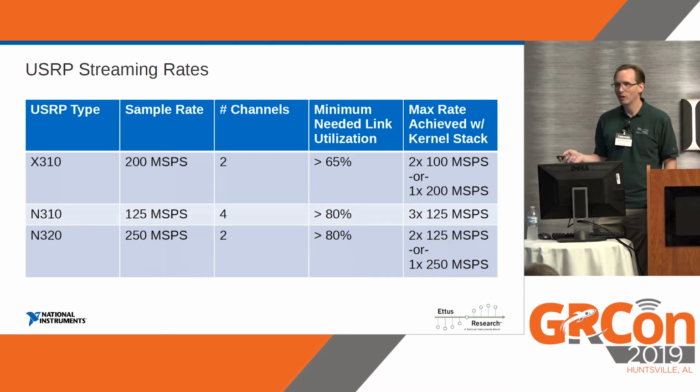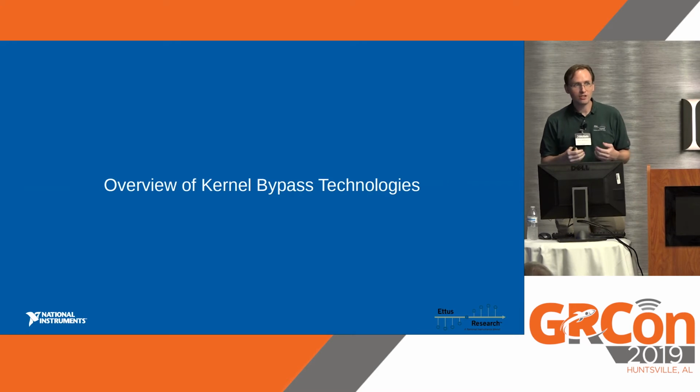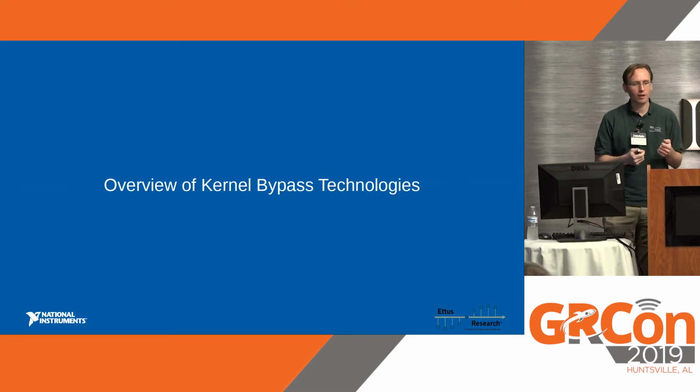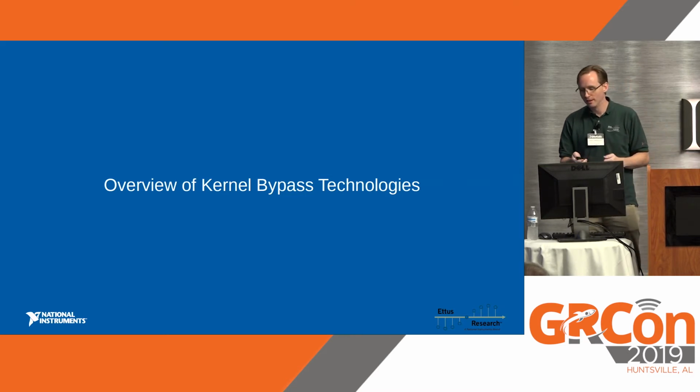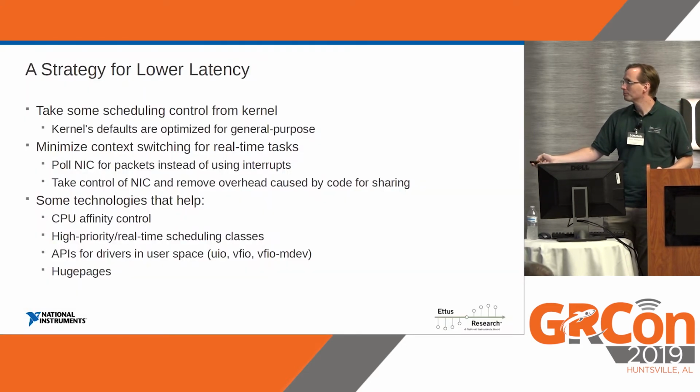This can't really be all we can do, right? Well, there are various technologies out there that give us a way to inform the kernel of what it is we're trying to do and maybe take more control back from it. A lot of them are called kernel bypass, but sometimes it's actually just a way to work together with what's there.